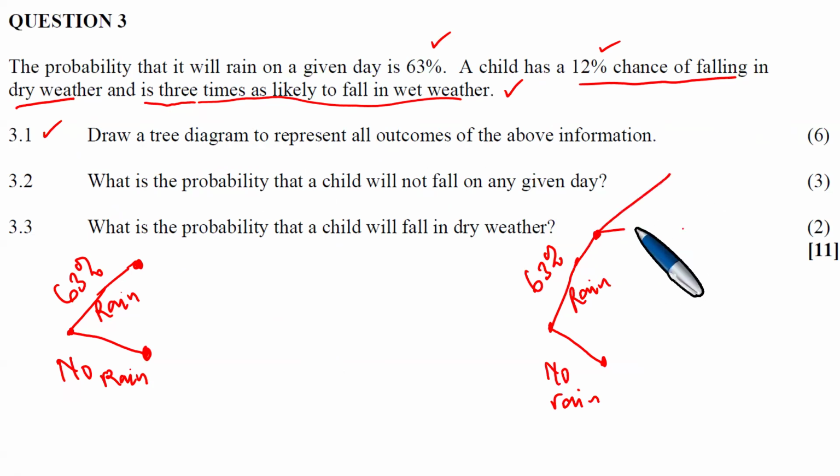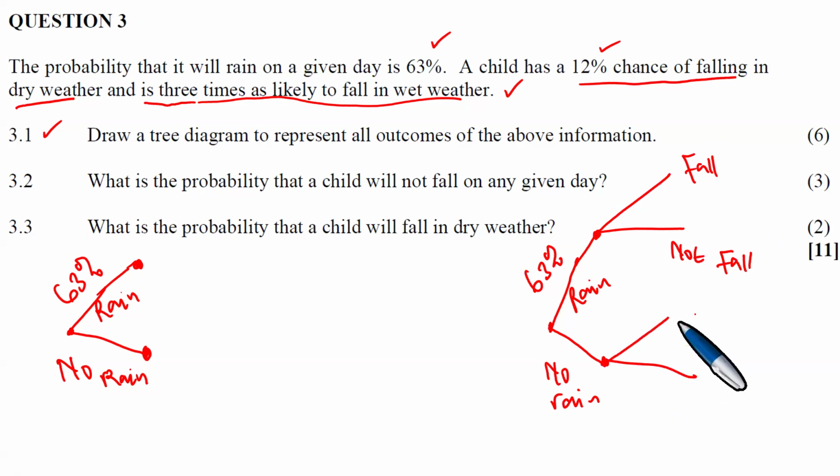There are 2 possible outcomes here because either the child happens to fall, or does not fall. In the same way, if there's no rain, the child might fall or the child might not fall.